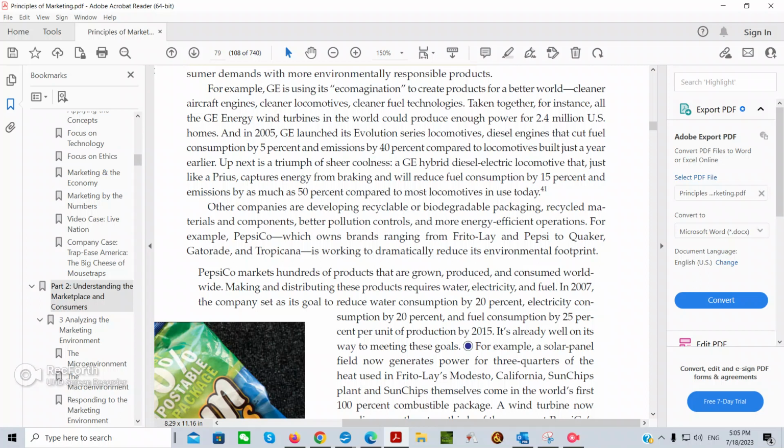Up next is a GE hybrid diesel-electric locomotive that, like a Prius, captures energy from braking and reduces fuel consumption by 15% and emissions by as much as 50% compared to locomotives in use today.